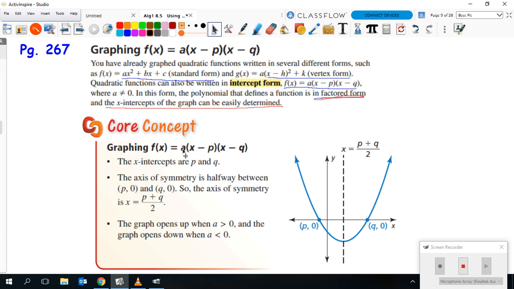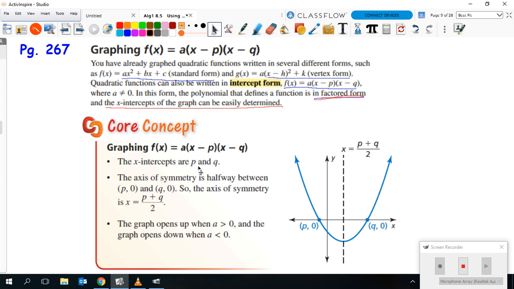So it still has an a number in front of these two parentheses, but inside the parentheses, each one is an x-intercept. It's in factored form, so x minus p, x minus q. They just use the p and the q to represent the two factors. The letters that they chose don't make any difference. I'm not sure why they chose p and q, but that's what they've chosen.